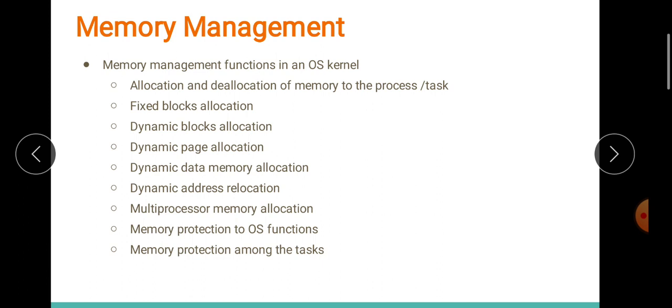A process with a small address space gets a lesser number of blocks, and a process with bigger address space will get a larger number of memory blocks. So we have a fixed block allocation to manage the memory.